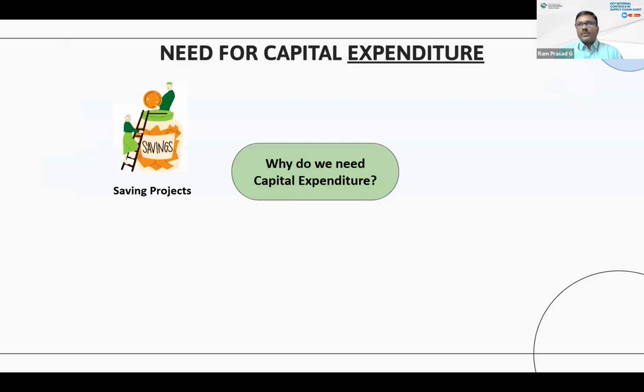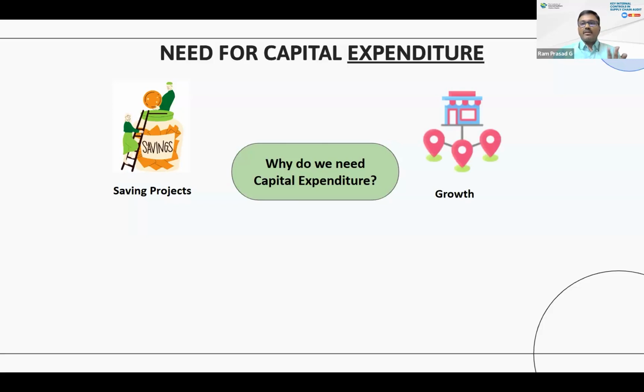Why do we require it? The first one I was mentioning is savings projects. In any organization, when we have a set of machinery, we would like to spend less. If a particular purchase of an asset can bring savings to the organization, which increases its profitability, those are classified as savings projects.